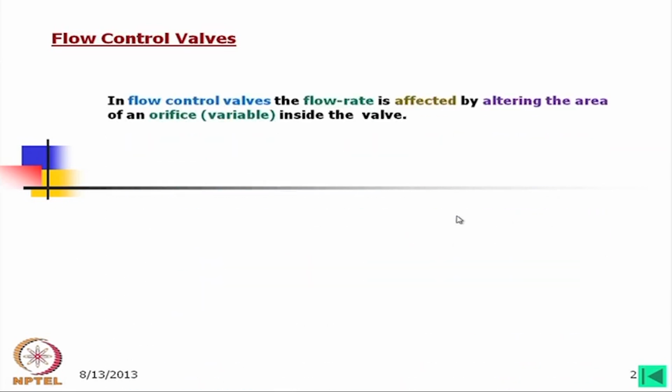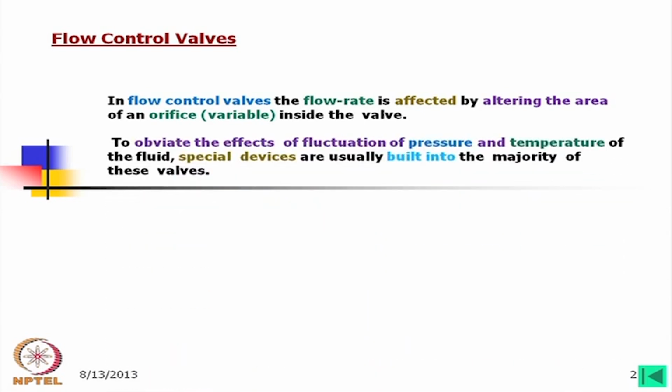In flow control valves, the flow rate is affected by altering the area of an orifice inside the valve. The orifice is variable. To obviate the effects of fluctuation of pressure and temperature of the fluid, special devices are usually built into the majority of these valves.